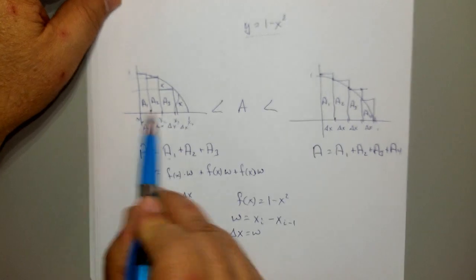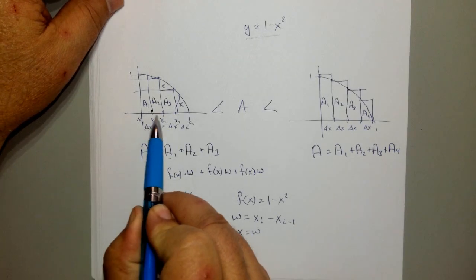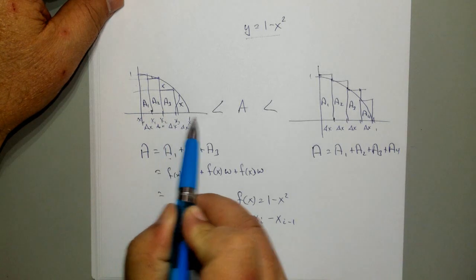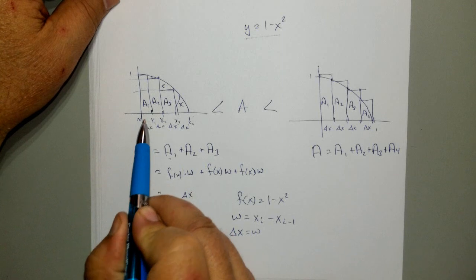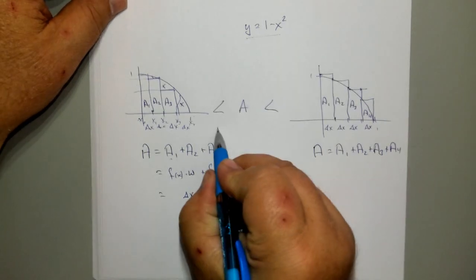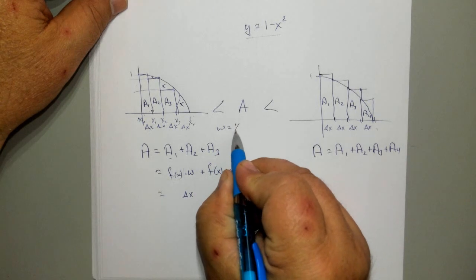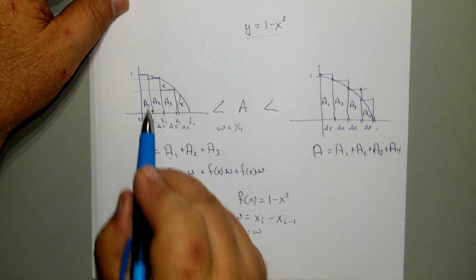So in this first one here, in this left side, we have x0, x1, x2, x3, x4. So how do we figure out the height of this one? We know that w is 1/4 of a unit. How do we figure out the height?